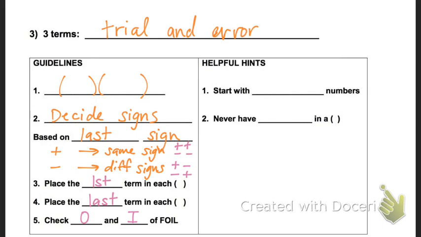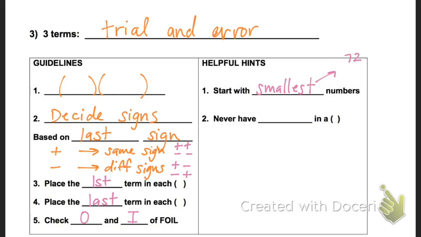Helpful hints: you're always going to start with the smallest numbers. And what I mean by smallest is, if you're trying to find the factors of 72, you're probably not going to put a 1 and a 72 because they're really far apart.